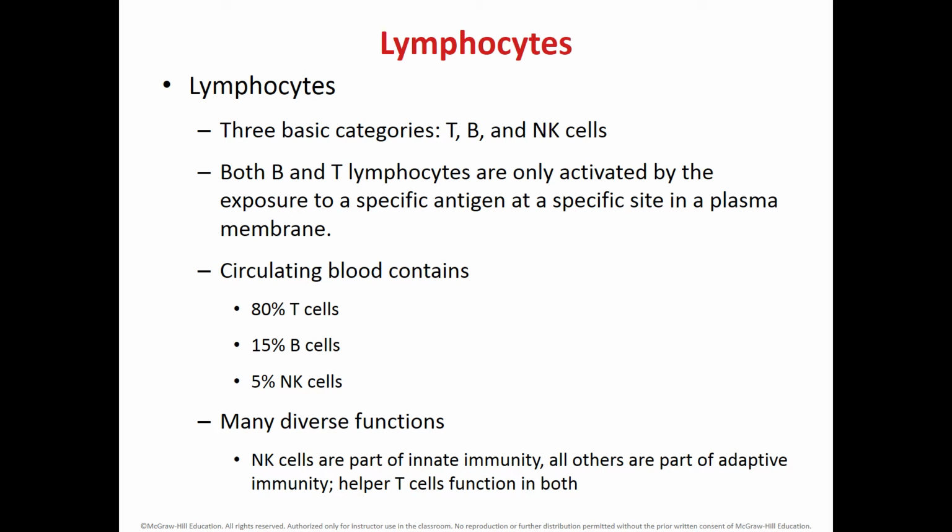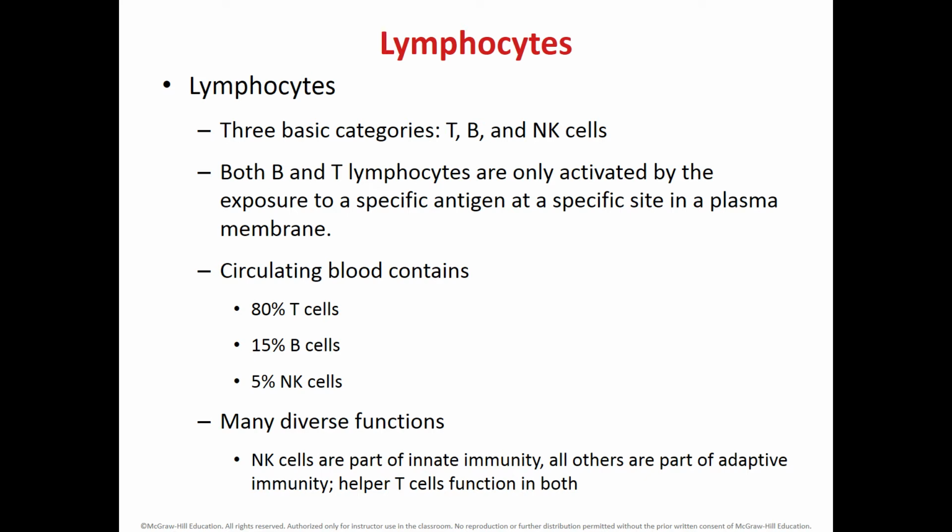Okay, let's talk about the specific actions and functions of the lymphocytes. So the lymphocytes, as you saw in the intro of this chapter, were divided into T cells, T lymphocytes, B cells, and NK cells, or natural killer.